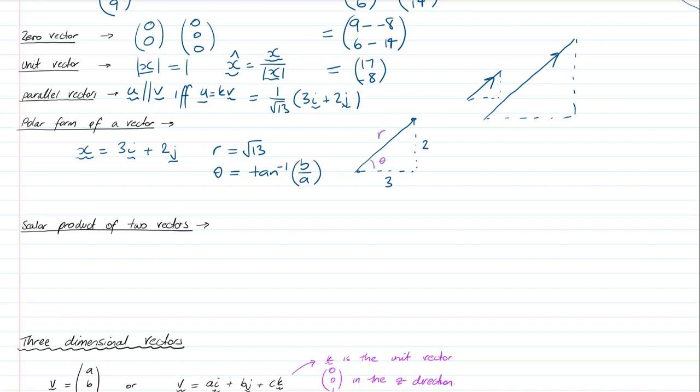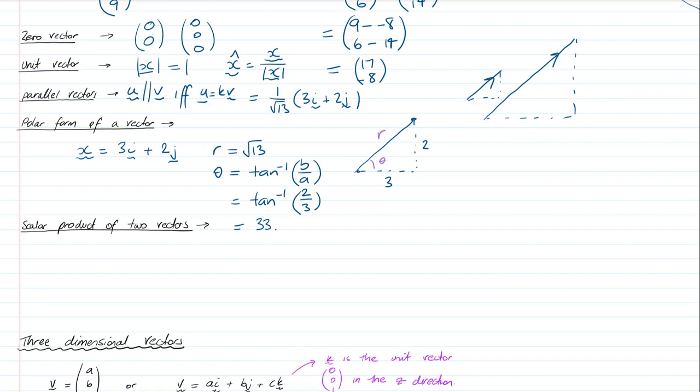We have to be quadrant aware here, so it's tan inverse of 2 over 3. I've got a calculator here, so we'll quickly pop that in. Shift tan of 2 over 3, we close that bracket, and we come out with 33.7 degrees.